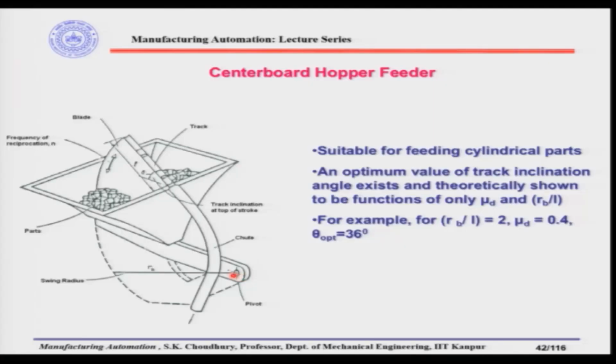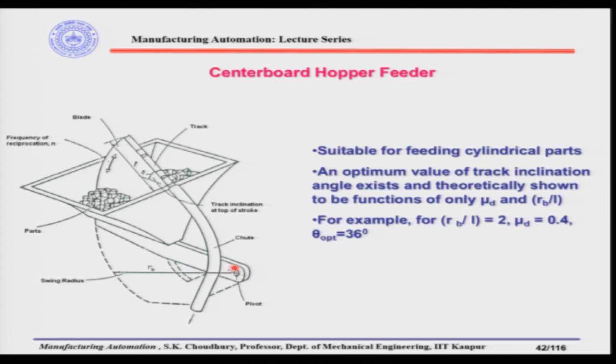The second thing is that here there is a pivot. This pivot will be attached to the blade that you can see here. The whole thing is actually moving, but the blade is only this much, and on the track given on the blade, the parts will be nested. It is not along this; the blade is only this much, it is connected to this part, and this part is pivoted here.